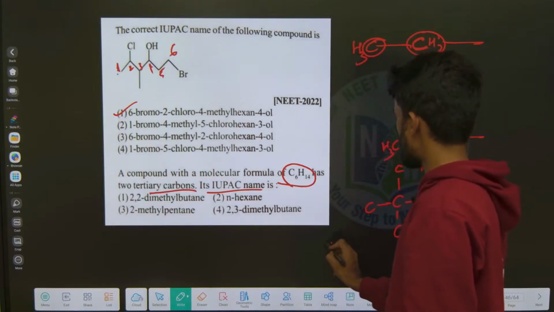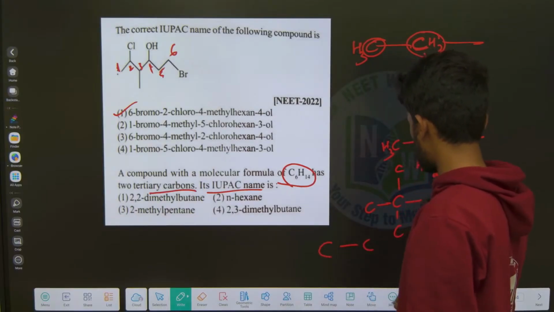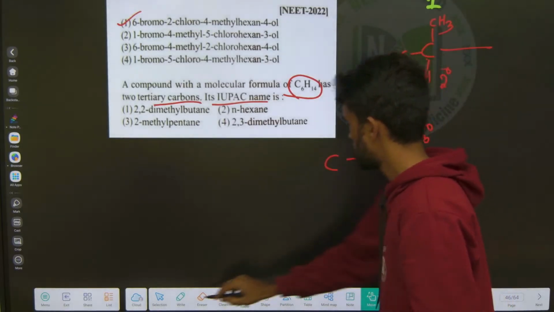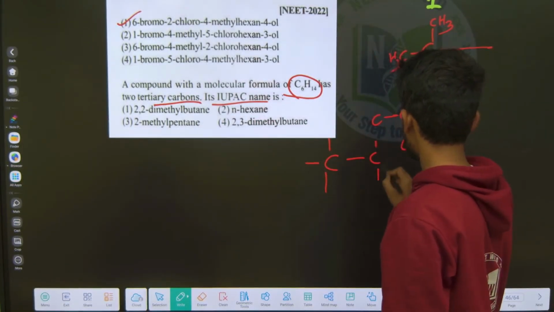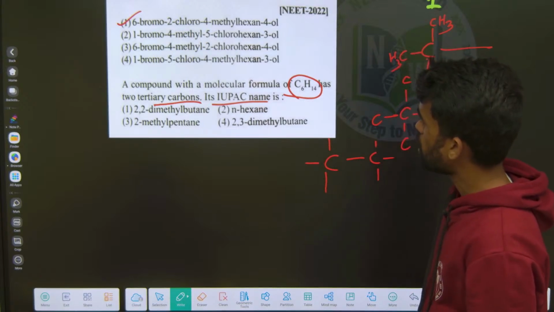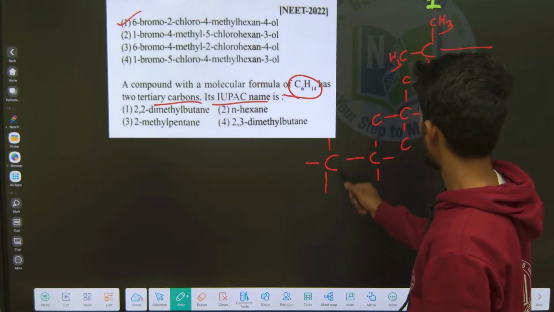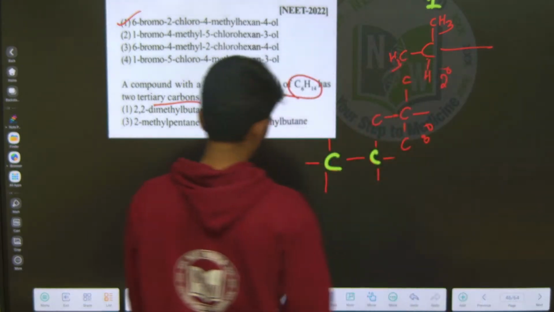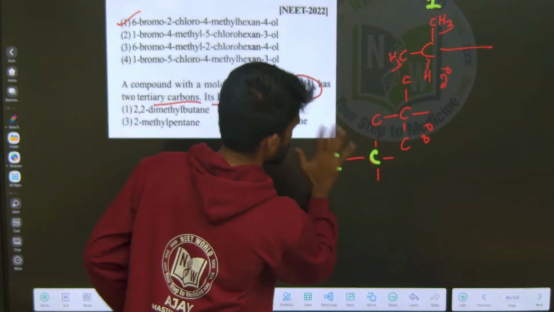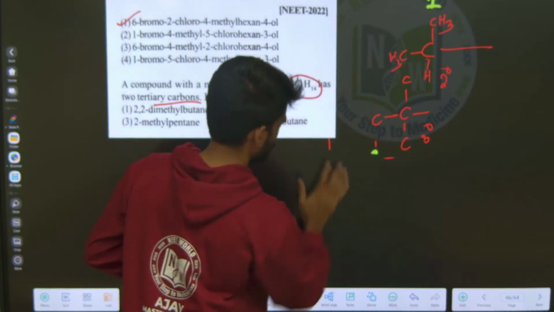So 2 tertiary carbons means definitely it should be like this. Dimethyl butane. Tell me. 2 comma 2 dimethyl butane.